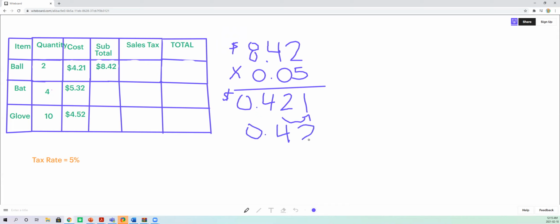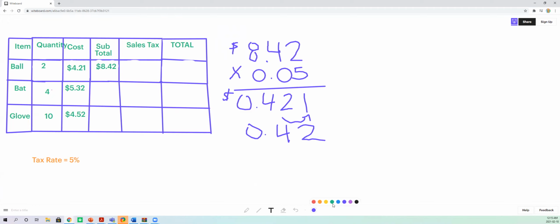We don't need to do anything to it. So we take the 42 cents and we bring it over here. Write it down. I write mine like this. If you really feel more comfortable with putting just the 42 cents and a cent sign, you can also do that.